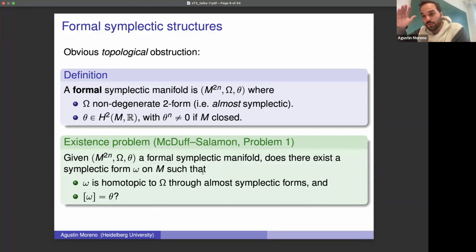You can also just forget about the data that you start with and ask, does there exist some symplectic form on which I don't necessarily control the homotopy class or the cohomology class? That will also appear in some version later in the talk. This is the problem that we try to address. We won't address it as it stands; I'll explain the version that we address, but this is the motivation.